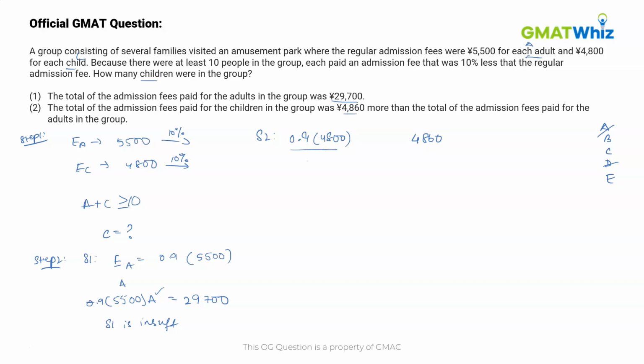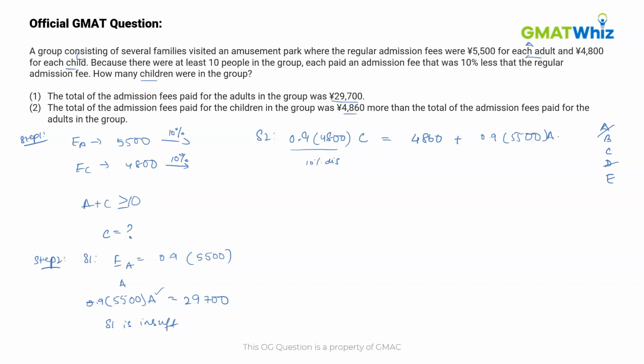This is the amount we get after 10% discount. And since the number of children was C, 0.9 multiplied by 4800 will also be multiplied by C. Now this was 4,860 more than the total of the admission fee paid for the adults in the group, which will be equal to 0.9 times 5500 multiplied by A.